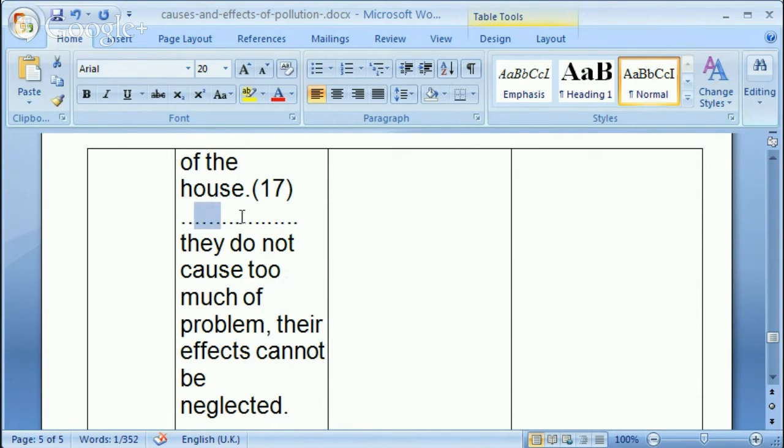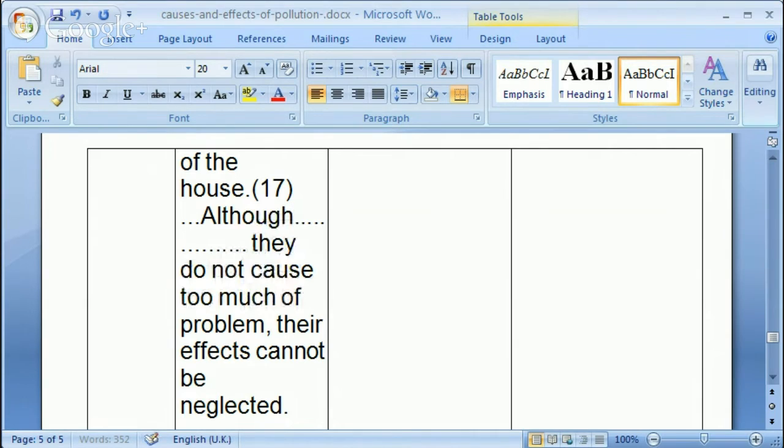That means there's got to be some kind of introducing word here. If I'm going to just think to myself what that word could be, it might be even though. I remember, because I've only got a few words left, I have the word although to use. Although they do not cause too much of a problem, their effects cannot be neglected.